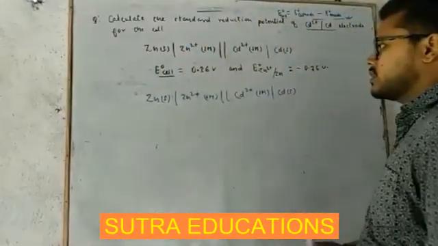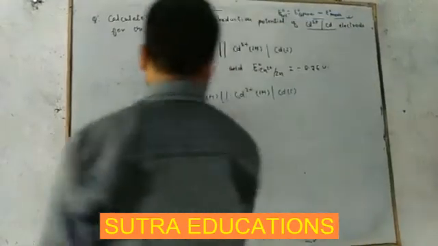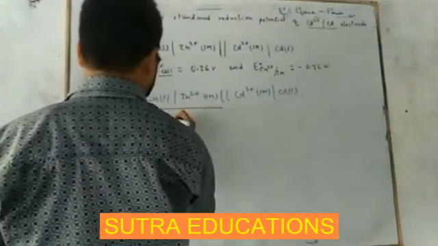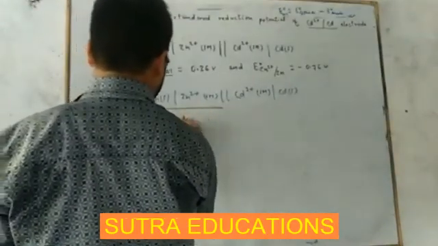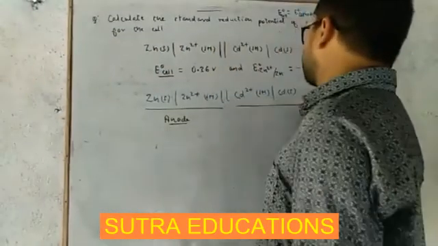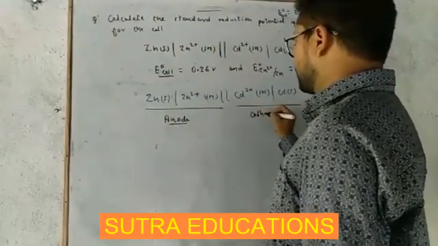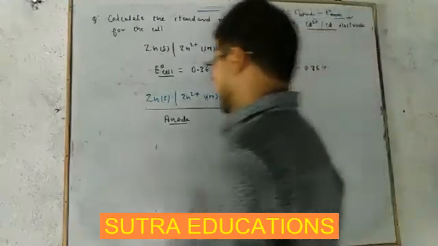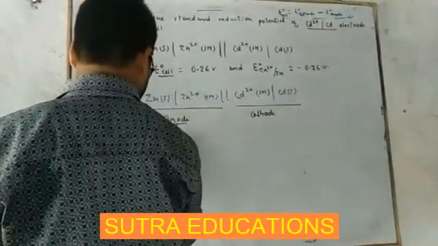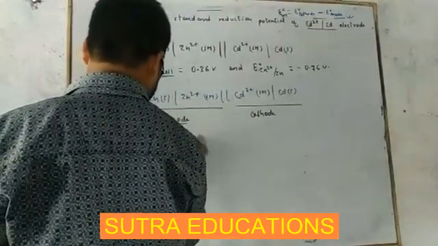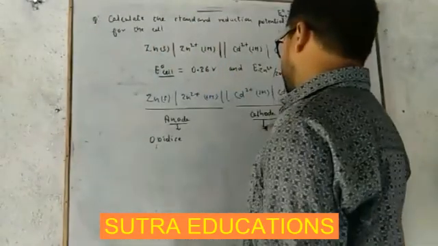So from this cell reaction we can think this one is anode, this one is cathode, means here it will oxidize and it will reduce.